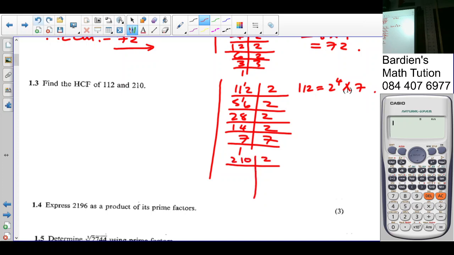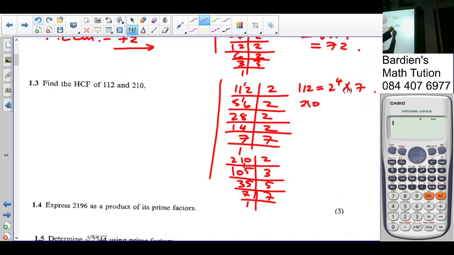So 210 divided by 2 gives you 105. 3. 3 goes into 10 how many times? 3 carry 1. 5. Is that correct? Three can't go, but 5 can go. 7 times. 7 goes.